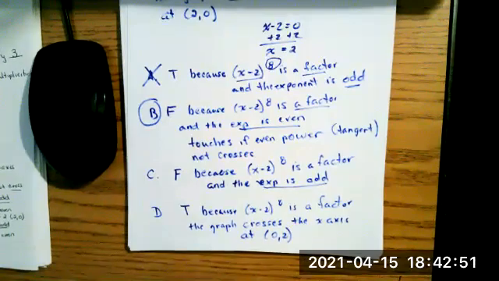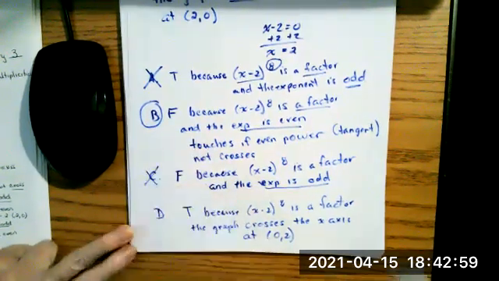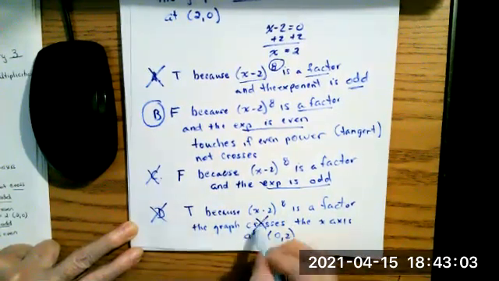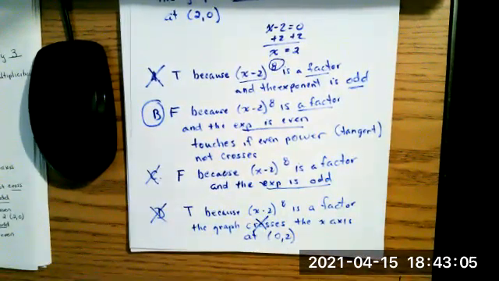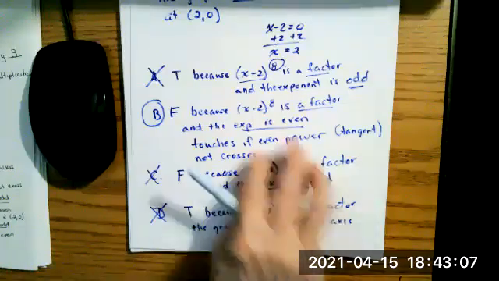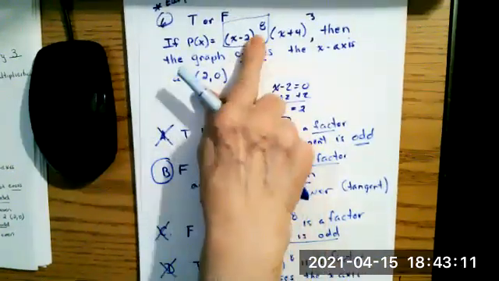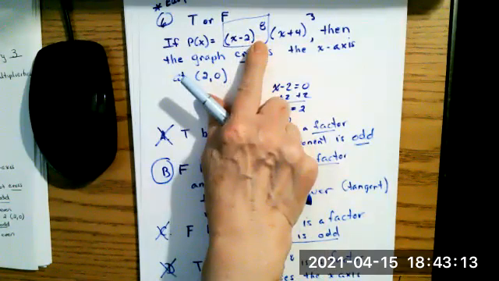So you see it doesn't cross, it just touches it. It's just tangent to it. So the one that we want that's most correct is this B. It's not this one because it's not an odd. It's not this one because it doesn't cross. So don't get confused on that easy question. If it's an even power, it's going to be tangent, not crossing.